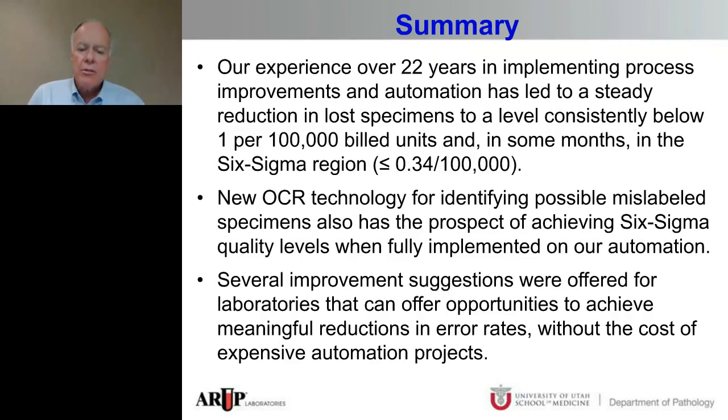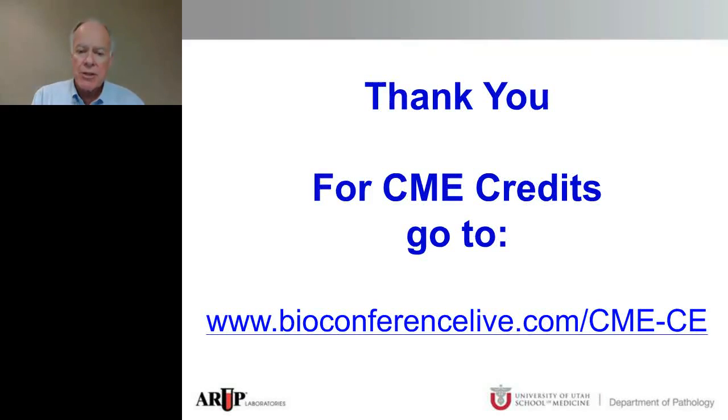Also, we have new OCR technology for identifying possible mislabeled specimens, and this technology has the prospect of perhaps someday achieving 6 sigma quality levels when we have it fully implemented in our automation. And I have provided several improvement suggestions for use in your laboratories that can offer opportunities to achieve meaningful reductions in error rates without some of these expensive automation systems.